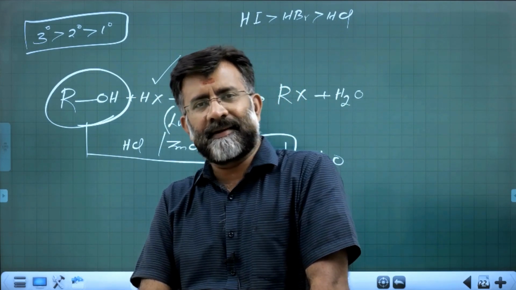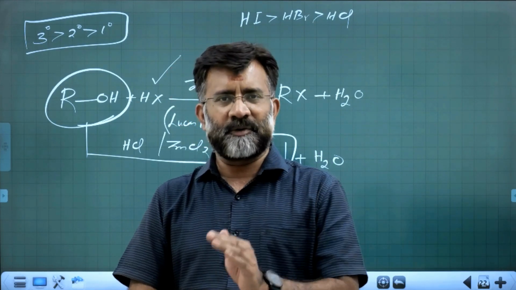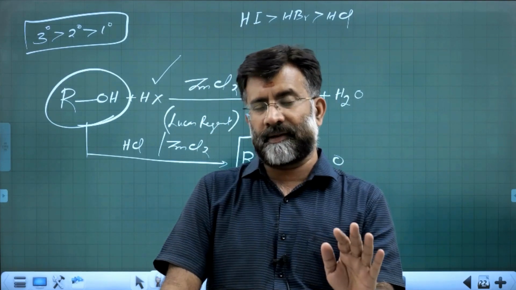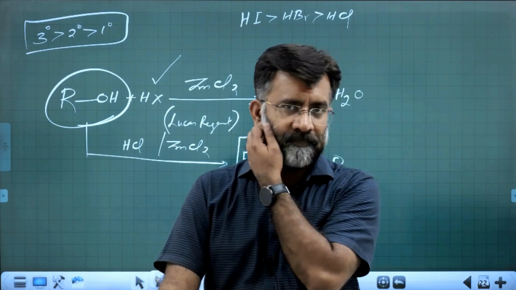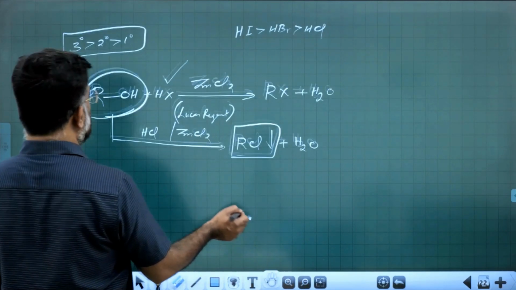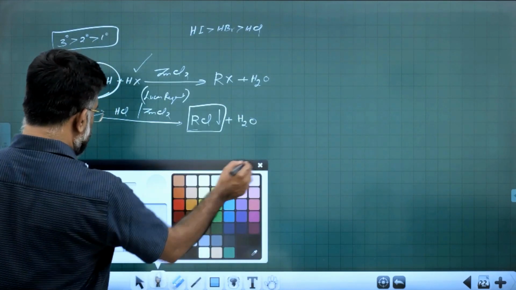If it is a secondary alcohol, you get turbidity only after 5 to 10 minutes. While for primary alcohol, you don't get a turbidity unless it is heated. It is taken as a test for primary, secondary, tertiary alcohol.